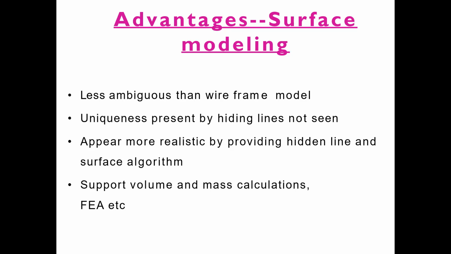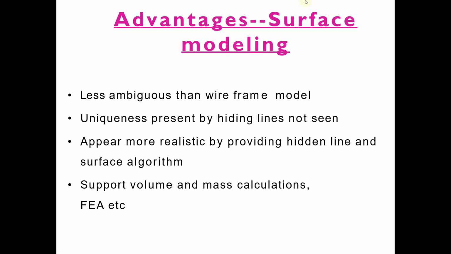And a hidden line and surface algorithm is used for such a modeling purpose. So whenever we are creating a surface, in the background of the software, as we mentioned earlier, certain algorithms, certain programs, or certain calculations will be running. So in surface modeling, when we create a surface, we'll be able to see only the surface and not the line.